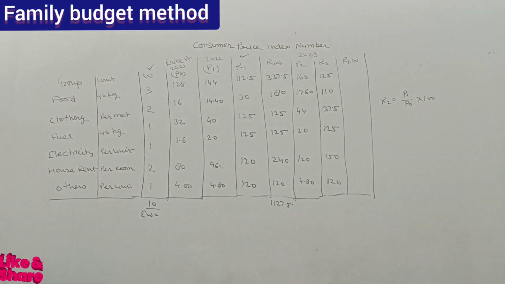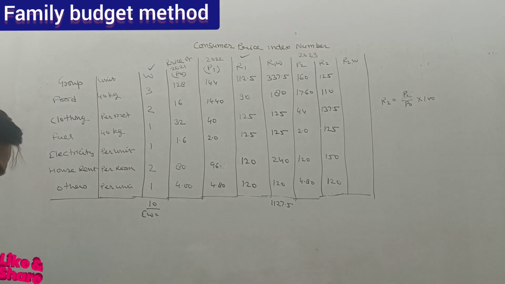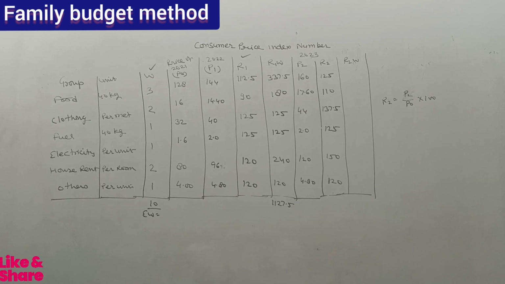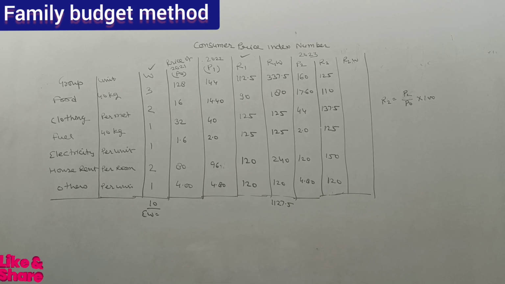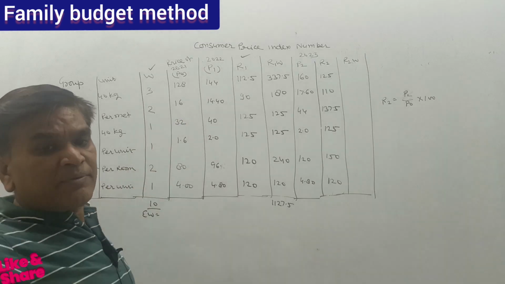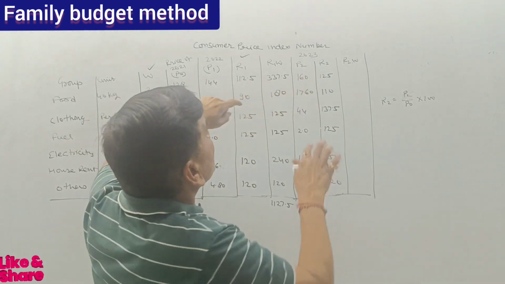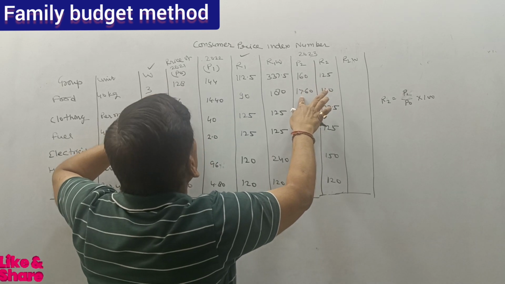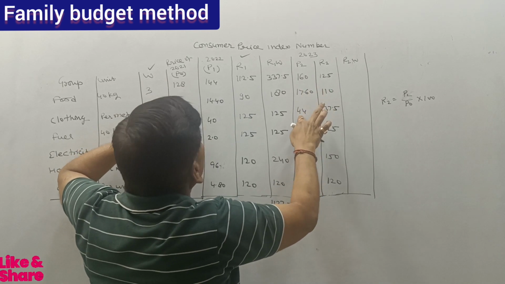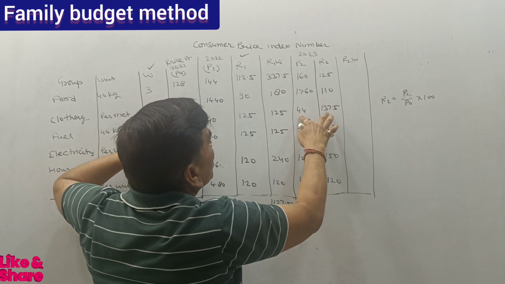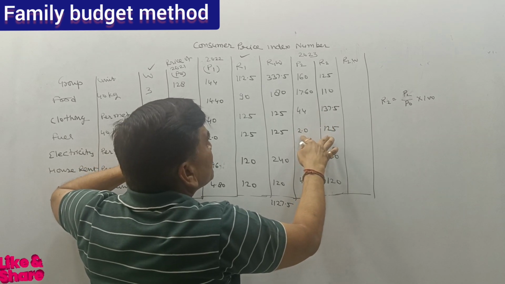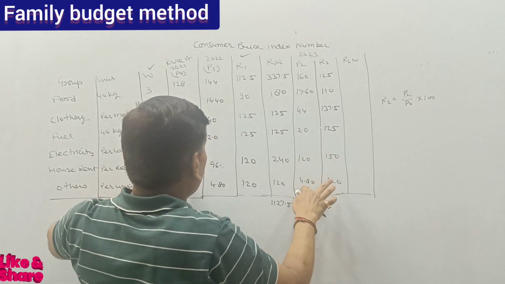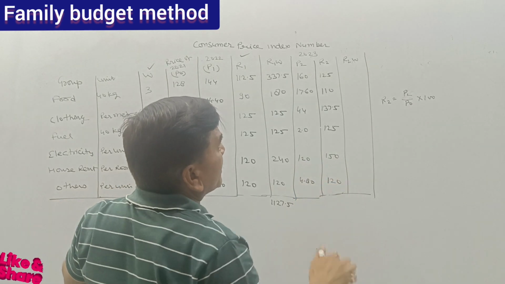So we have calculated the value of R2: 160 divided by 128 multiplied by 100, 17.6 divided by 16 multiplied by 100, 44 divided by 32 multiplied by 100, 2 divided by 1.6 multiplied by 100, 120 divided by 80 multiplied by 100, and 4.8 divided by 4 multiplied by 100.